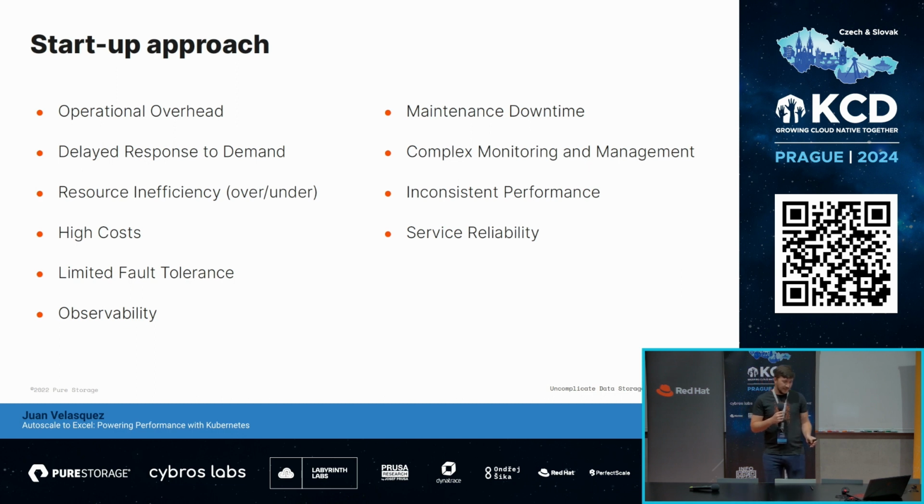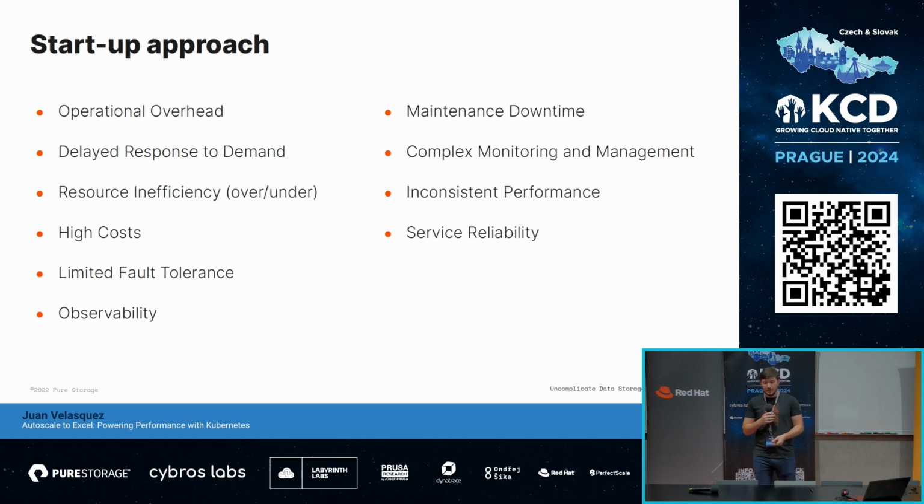These are some of the most important issues that we had with this approach. The main one is operational overhead. There had to be someone there doing the scaling. If we deploy a new device, then there had to be someone there scaling up the EC2 instances, or scaling down if we were over provisioning.